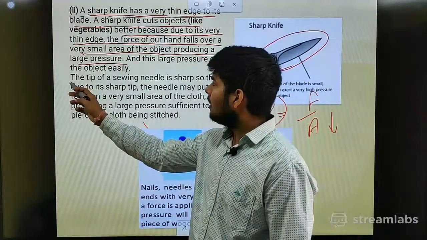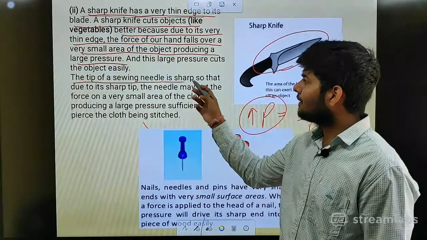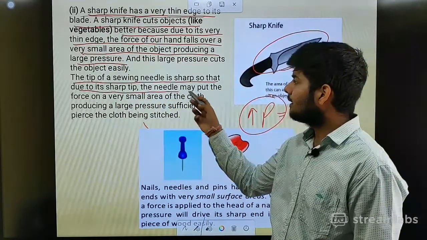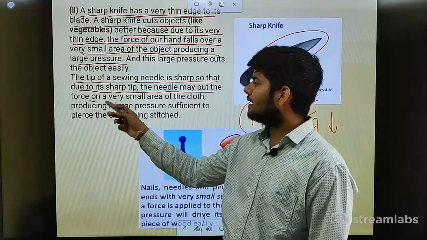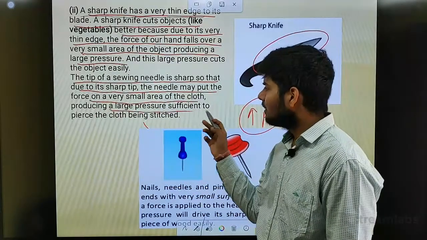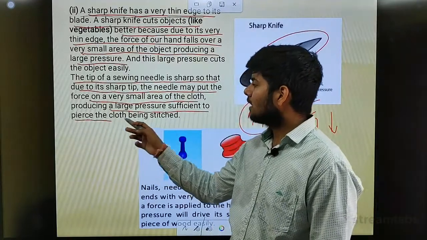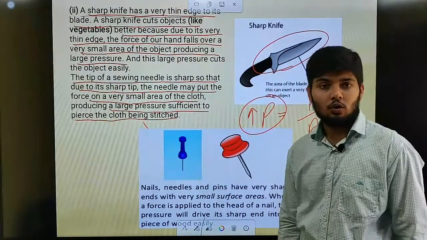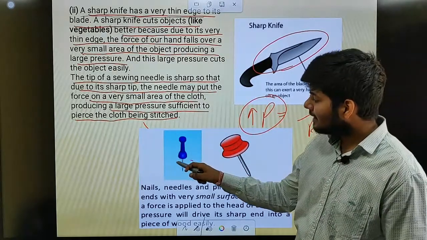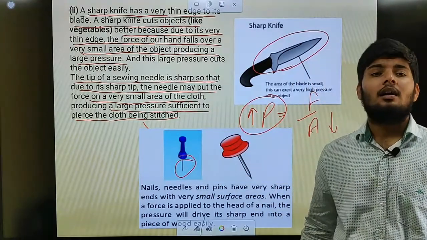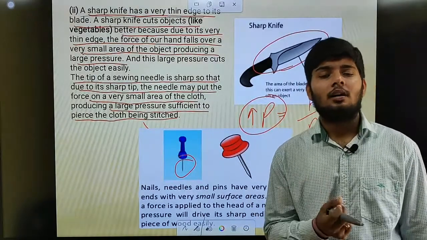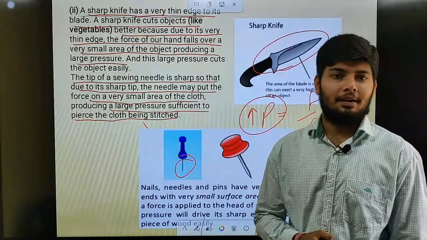Now, the tip of a sewing needle is sharp, so that due to its sharp tip, the needle puts the force on a very small area of the cloth, producing a large pressure sufficient to pierce the cloth being stitched. Here is one more example. As you can see, the tip of the needle is very sharp, which means it has a smaller area.